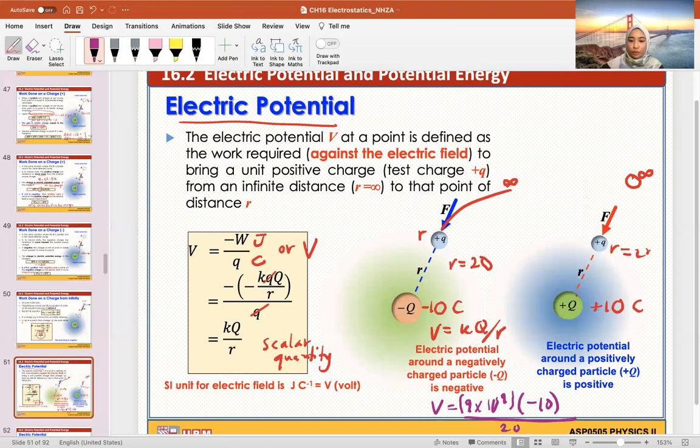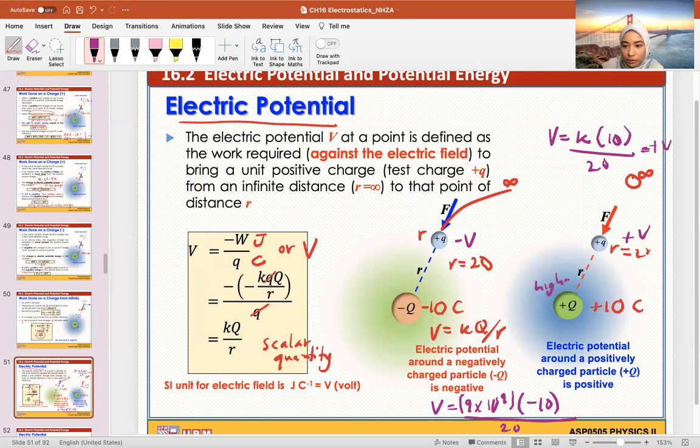So we can say that our potential at this point R is a negative V, which makes sense. And for this one, V equals the constant k, Q is 10, and our R is 20 also. So this one is a positive V, and it makes sense, because we are moving towards a higher potential.